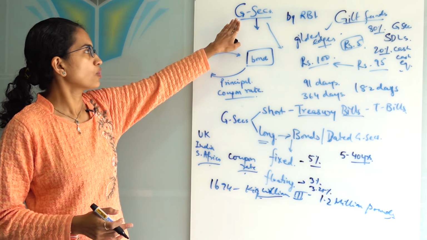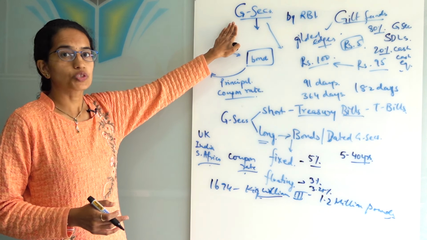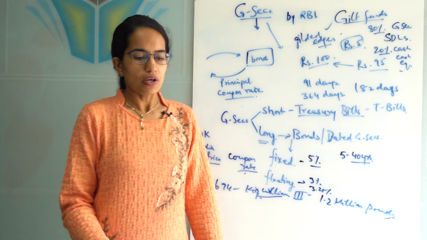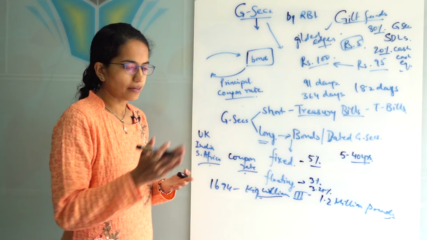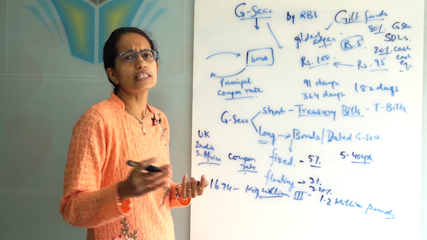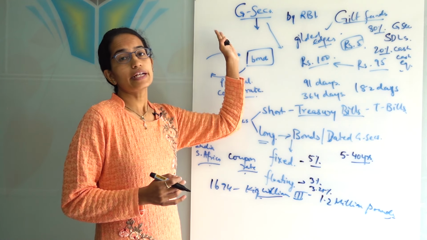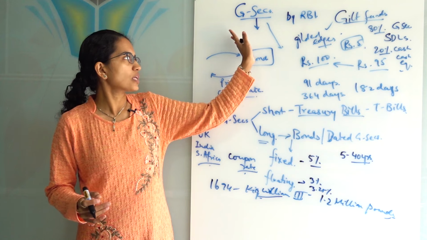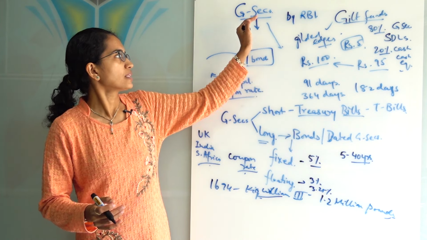So ultimately the credit risk score would be nil. The liquidity would be high, because it can be easily sold in the secondary market, and it can also be used as collateral. The next important thing is that the interest rate risk would be relatively higher. Those are some of the essential things that we need to know about GSEC.